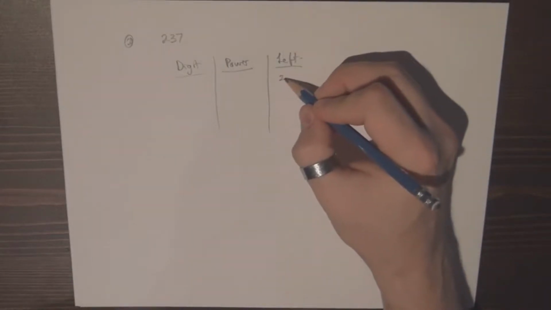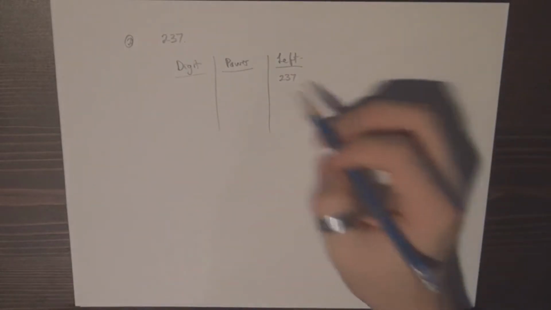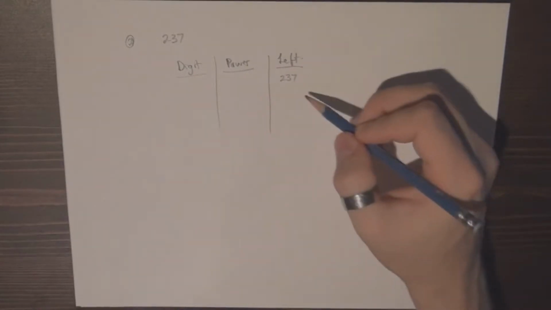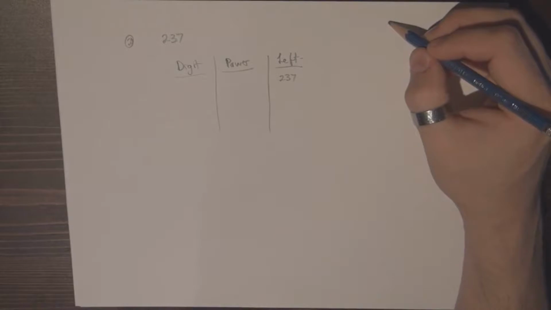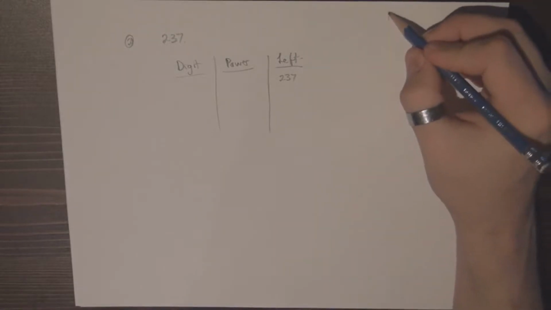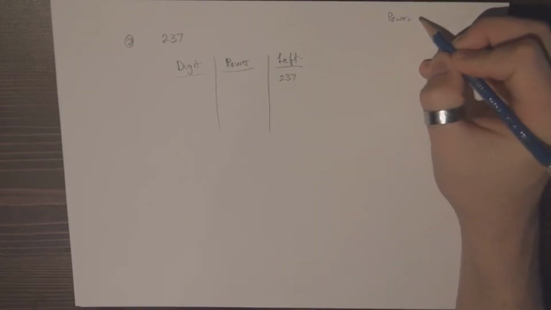So right now I have 237 left. What is the largest power of 2 that I can fit in there? Well, I need to know my powers of 2. So let's write it over here, and we can refer to that.